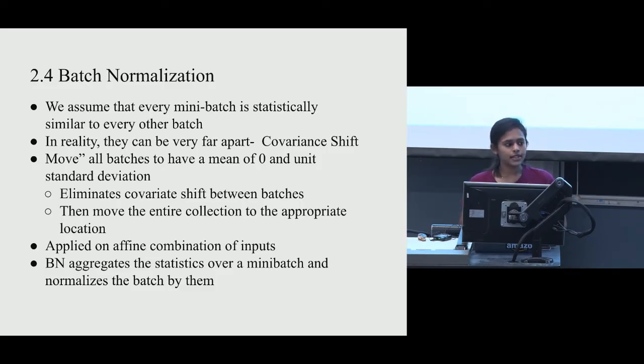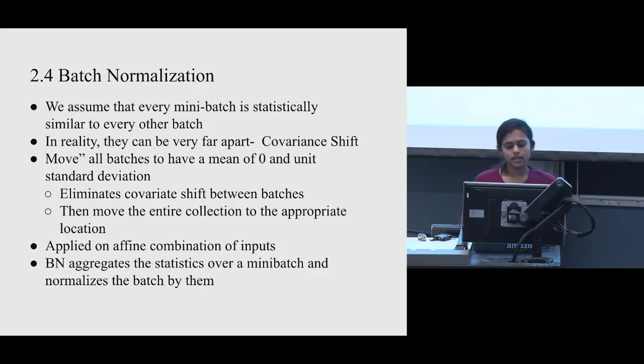So what we do in batch normalization is we move all the batches to have a mean of 0 and unit standard deviation. Once we have moved it, this is as good as moving all the data to the origin, and then we move it to a required destination. This is pretty much like doing a normalization. This process eliminates the covariate shift between batches and makes sure that the training is faster because you do not have two varied mini batches.